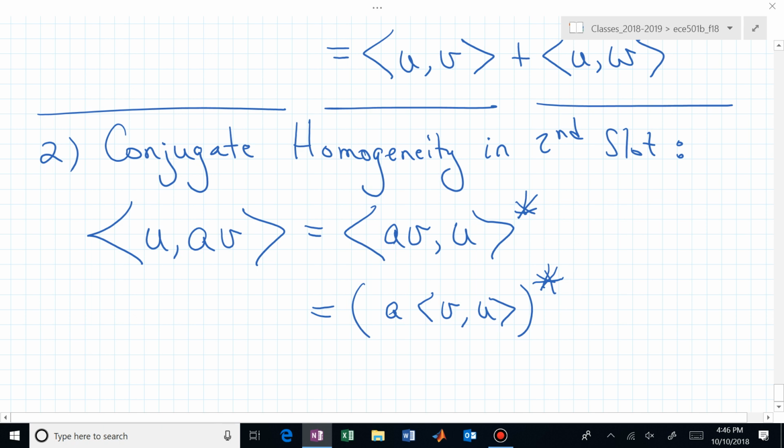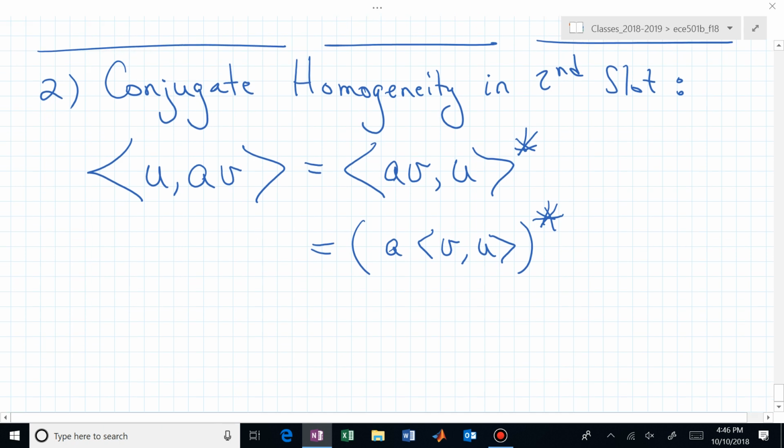I haven't done anything with the conjugate. I've kept that outside. But now what happens when I pull that conjugate inside? The conjugate of a product equals the product of the conjugates, right?